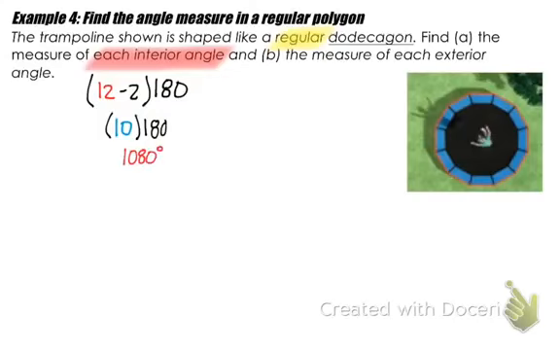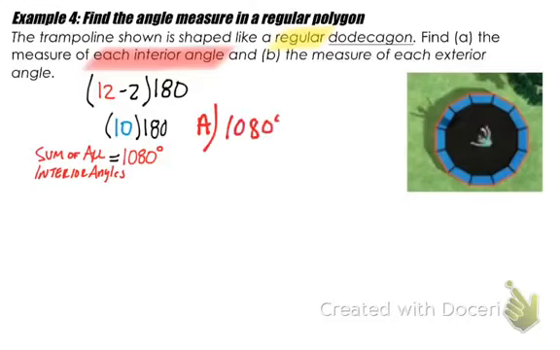The sum of all the interior angles would be 1080. Since it's a regular polygon, all the interior angles should be the same, so if we divide 1080 by the number of interior angles, each angle is 90 degrees.